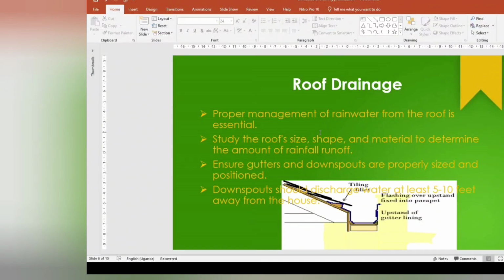How is that achieved? Proper management of rainwater from the roof is essential. That's what I've just explained.